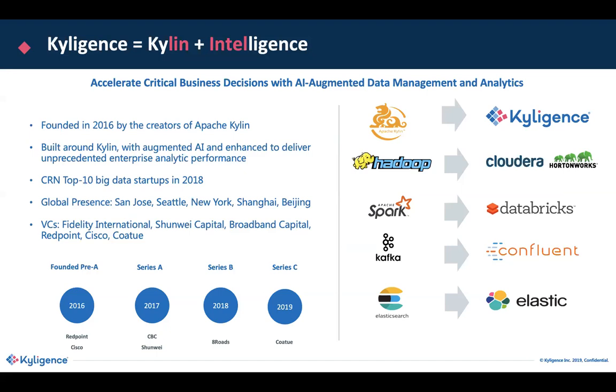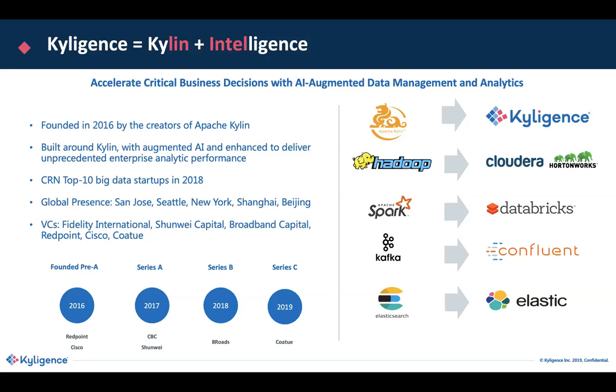Kyligence makes OLAP models and cubes smarter, gains better performance, and reduces significant maintenance effort. Kyligence keeps leading and contributing to the open source community. Just like other open source projects, there are always commercial companies behind the open source project to help make the community better. For example, Spark and Databricks, Hadoop and Cloudera, Kafka and Confluent, etc.